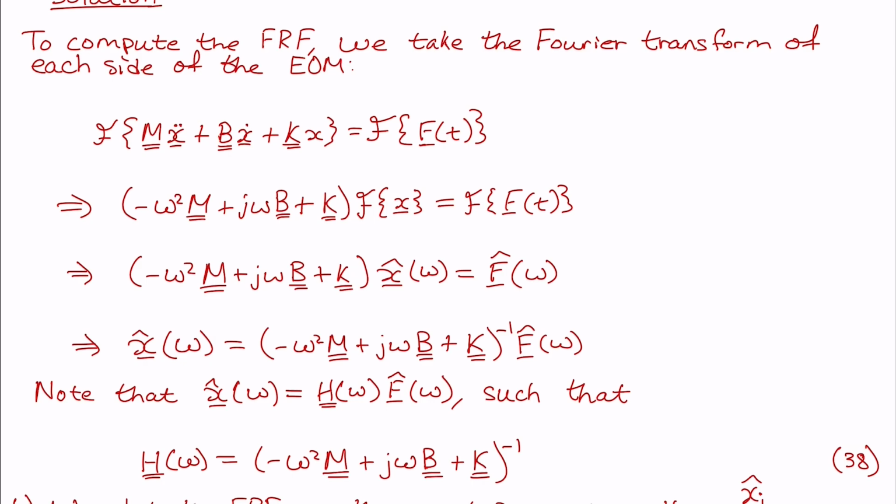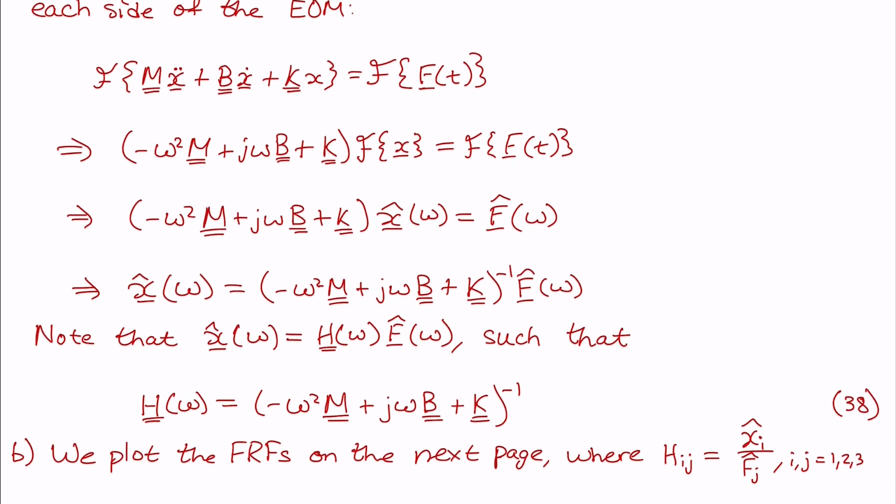That means that when we compute a fast Fourier transform of a response and compute this FRF using measurements, we are effectively learning the dynamics of the system. So this FRF is very much the same as what we had previously, except that we have to take an inverse rather than dividing by it.